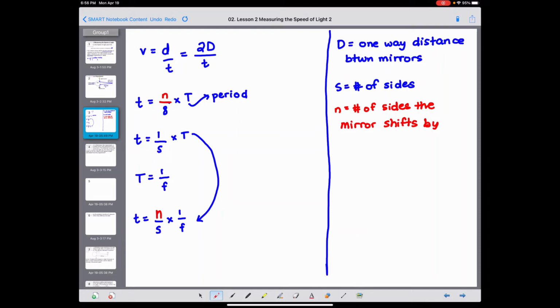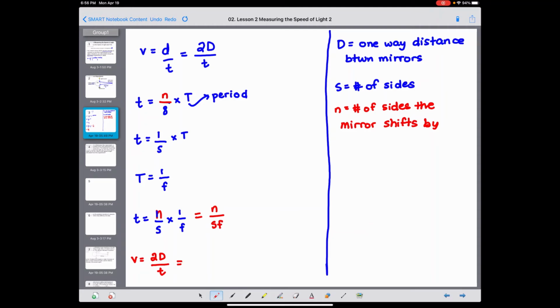Okay, so let's put all of this together. So now we have V equals 2D over T. So I'm just going to rewrite this. And where we see T, we can replace it with all of this. We rewrite this a little bit nicer. So N times 1 is N, and S times F is just SF.